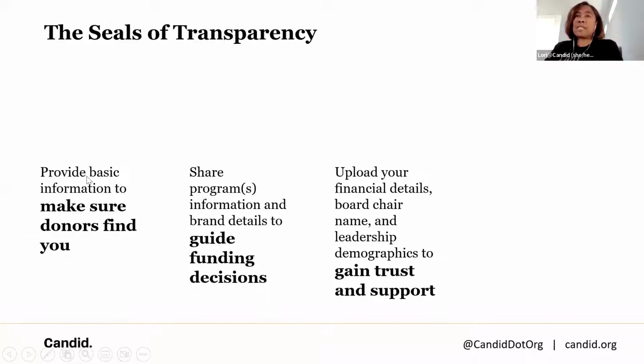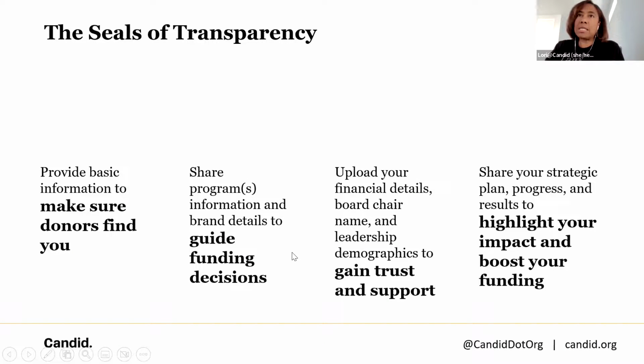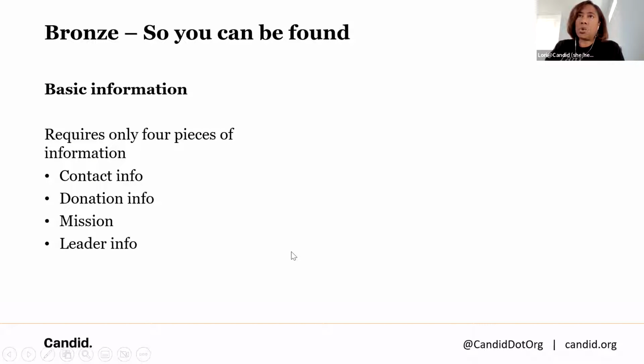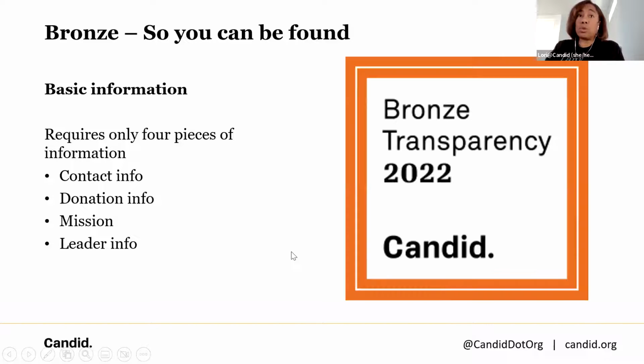We have various levels of seals of transparency that build upon each other. I don't know why these aren't showing, but I'm going to go through them separately. The bronze seal is so you can show where you are so people can find you. Most organizations can earn a bronze seal in maybe 5 minutes.